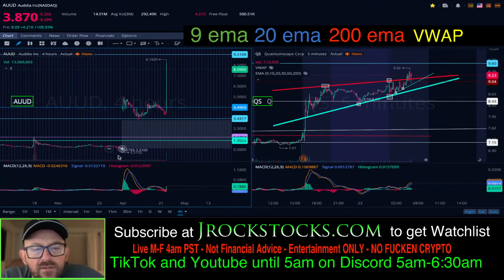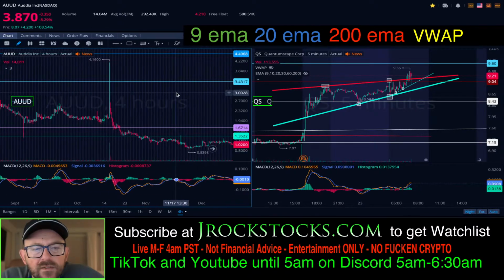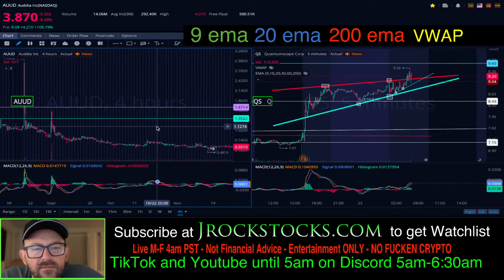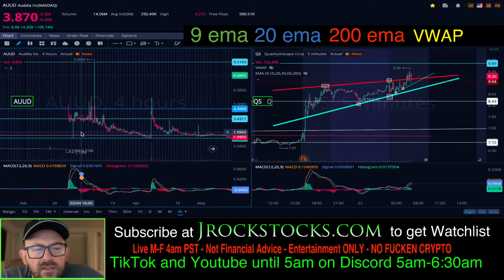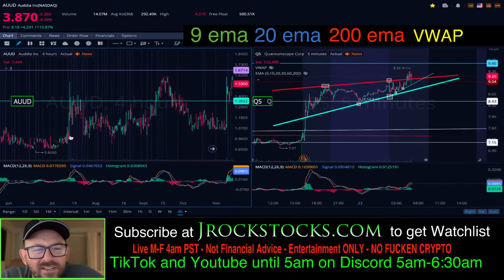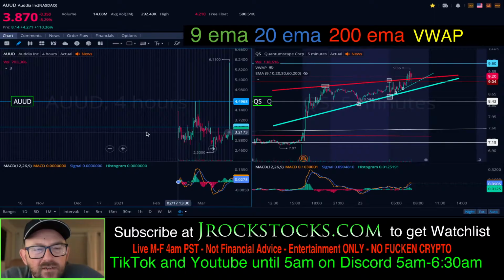There's a reverse split right here, right? Check this out. Here's another reverse split right here. Here's another reverse split right there. Creatures of habit, guys. And there you go.